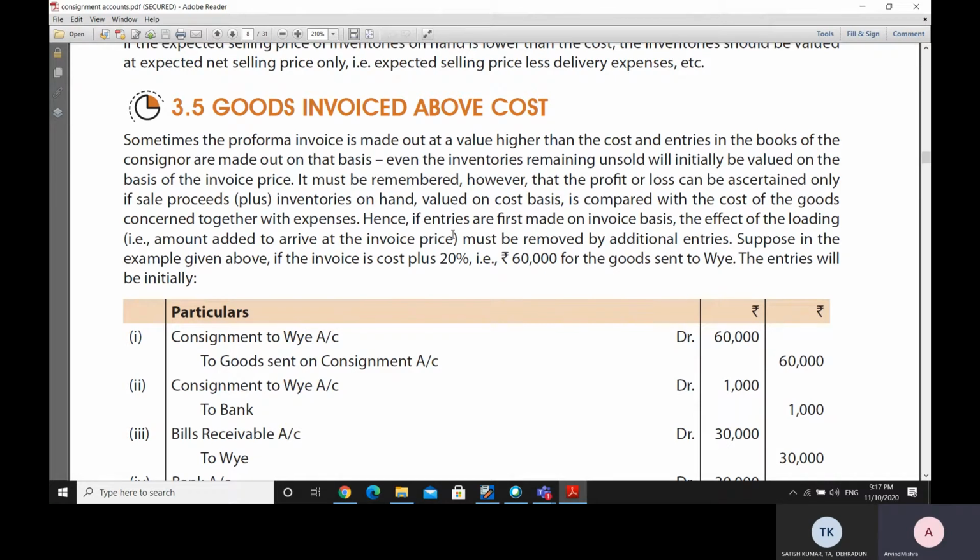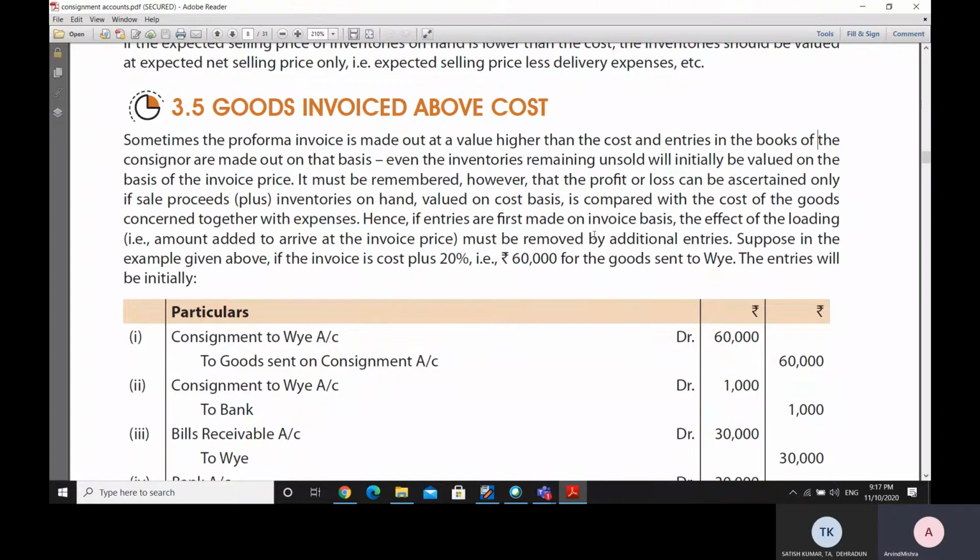hence if entries were made on the invoice basis, then there will be effect of the loading or addition. Loading is the amount added to arrive at the invoice price.